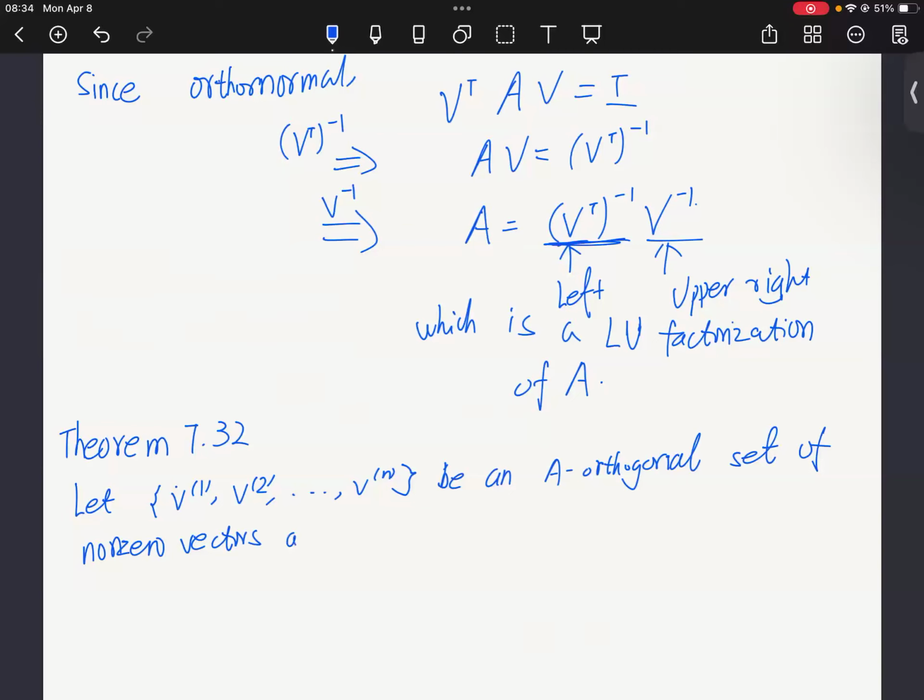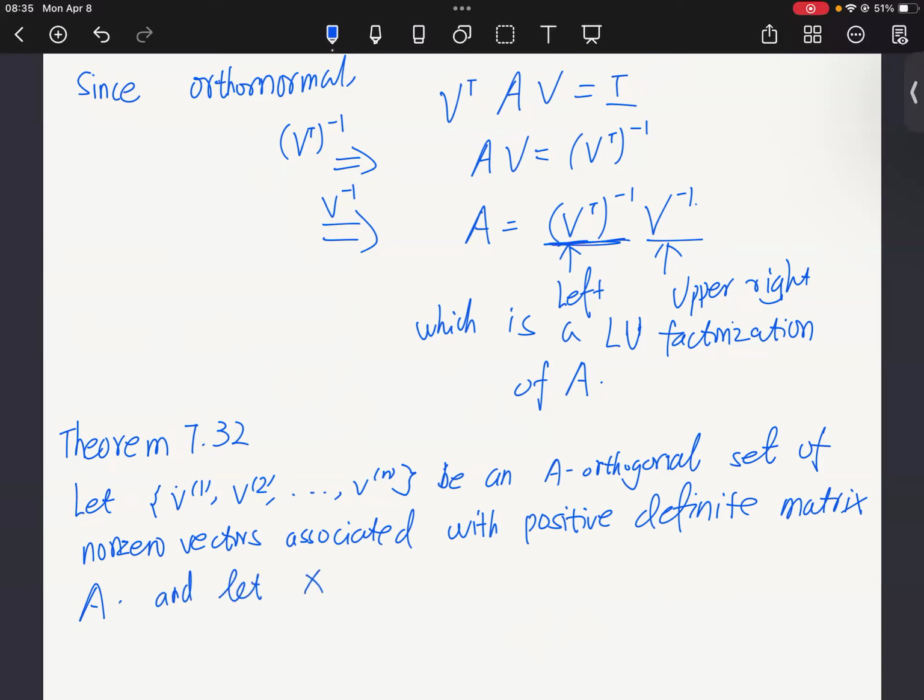And then it's associated with this positive definite matrix. And let x0 be arbitrary. So I just mentioned last time, you can choose your initial vector arbitrarily.